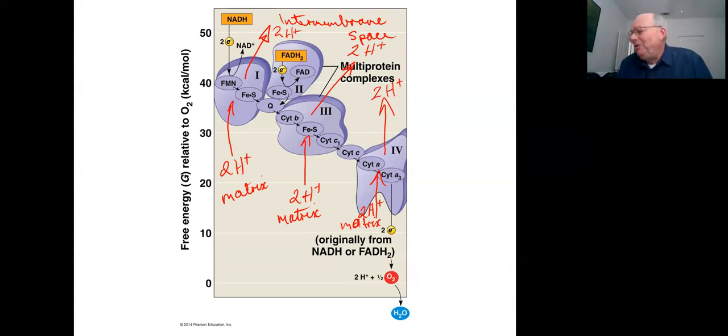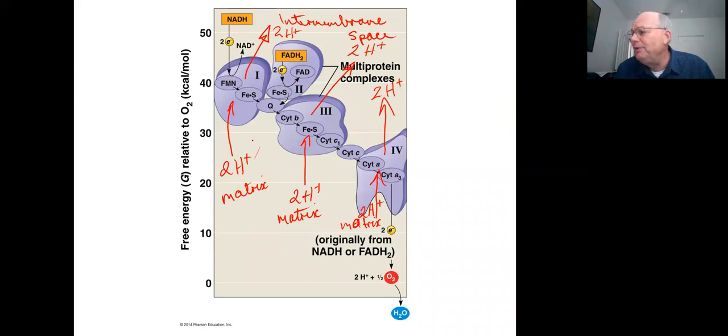And so as the electrons pass through the three complexes of the electron transport chain, moving from a high free energy, low electronegativity to a low free energy, high electronegativity environment, energy is lost in the form of the hydrogen ions that are moved effectively across the membrane when they are used to chase the negative charge of the electrons through the three complexes of the electron transport chain.